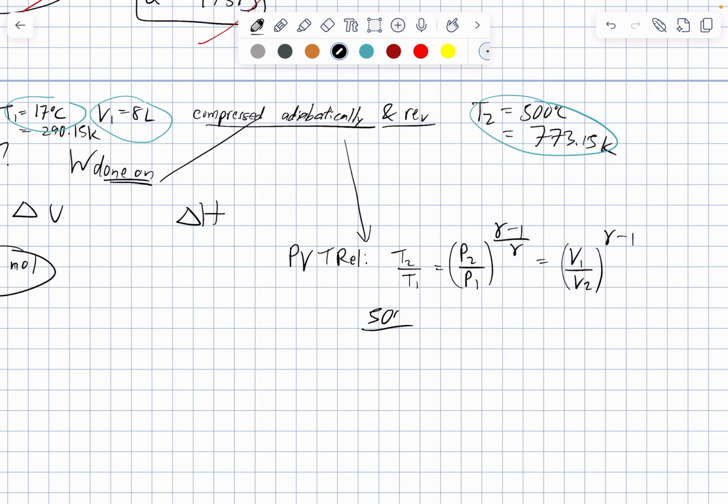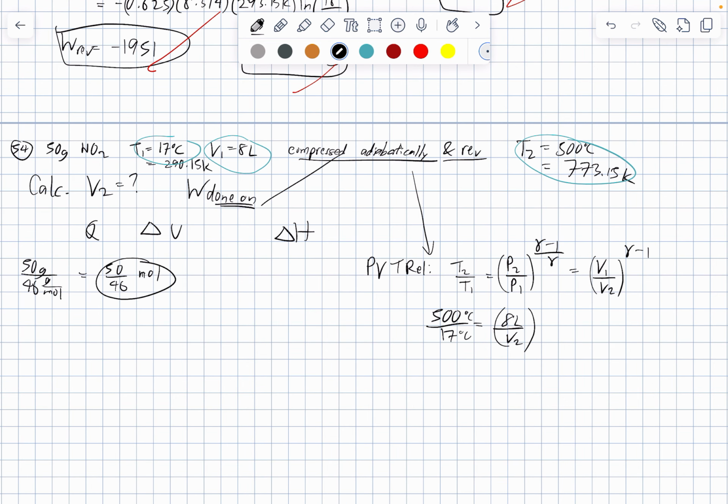I want it in Celsius, 500 over 17, no? T2 over T1. And then V1 is 8 liters. And then P1, wait. 8 liters, yes. V2 is missing. Adiabatic index, gamma. What kind of gas is NO2? Is it ideal? At least it is a polyatomic gas, no?